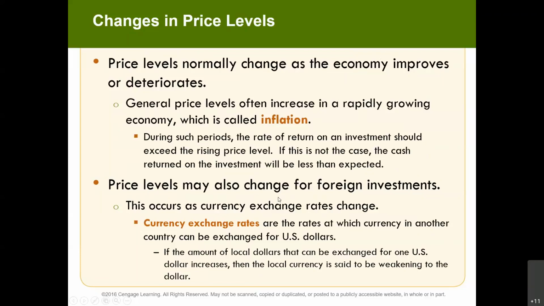When price levels change for foreign investments, this is due to currency exchange rates. We talked about an example previously in class of Coca-Cola, with the understanding that Coca-Cola is a multinational corporation. Because it's a multinational corporation, the company must deal with exchange rates.